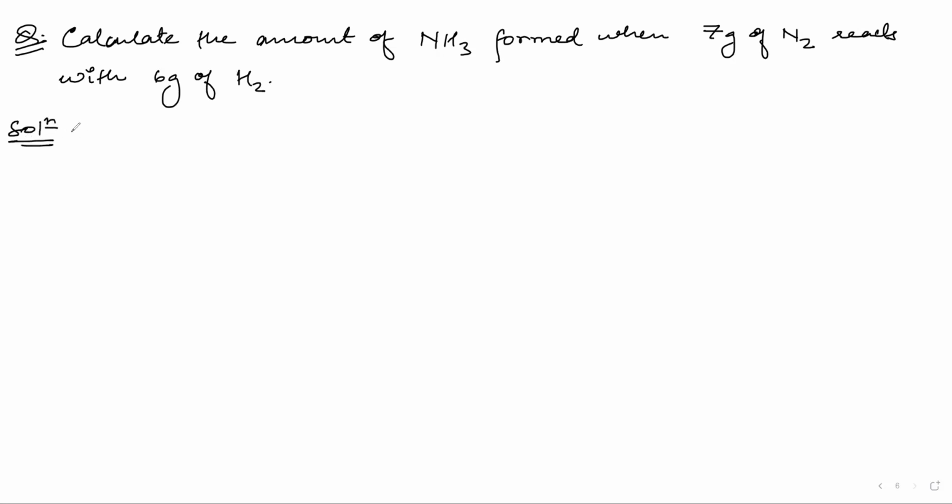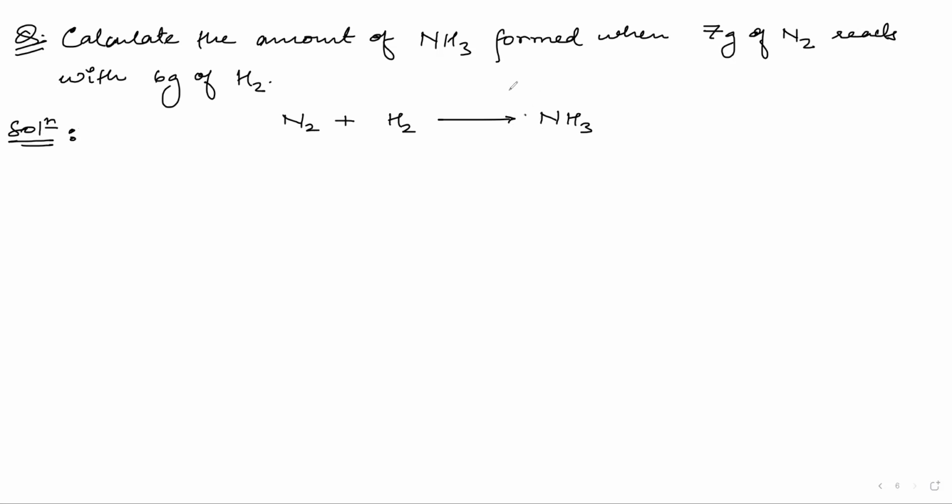So they give you the chemical equation. What are the reactants? N2 plus H2. It will give you NH3. Now you can balance it. Can you balance it? Yes, sir.